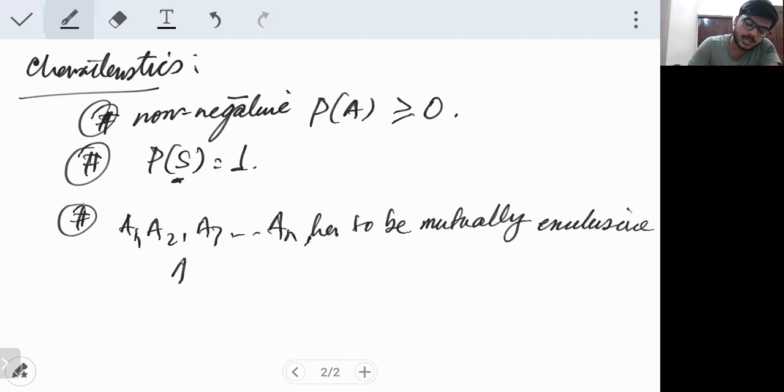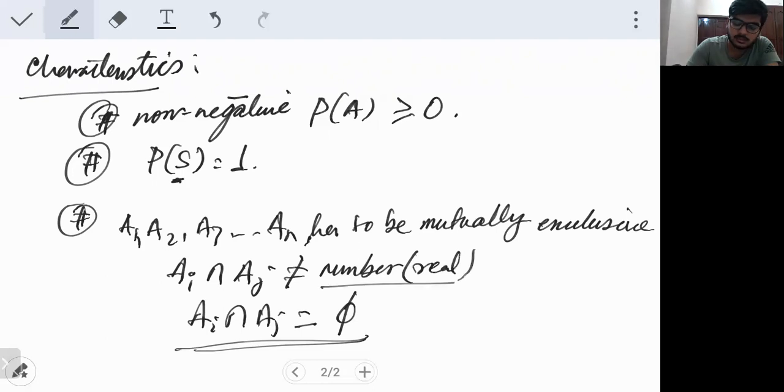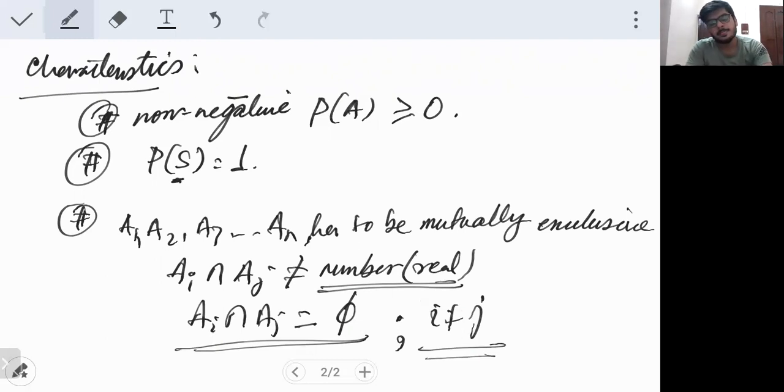And by this we mean Ai intersection Aj should be equal to the empty set phi, right? Should not contain any real value. And this i shouldn't be equal to j. This is also a condition, because if the events are the same, obviously there is an intersection.